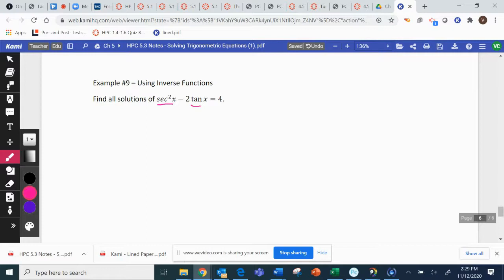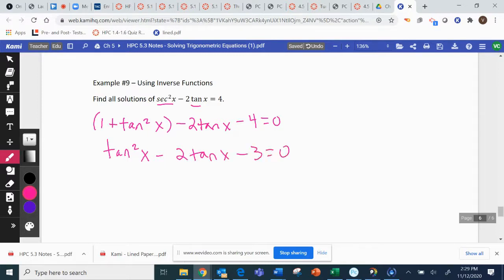Does anybody remember the Pythagorean identity for the one? Okay. I'm going to just subtract that 4 while I'm at it. So we have tangent squared x minus 2 tangent x minus 3.